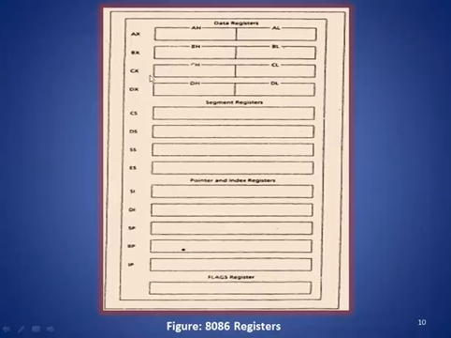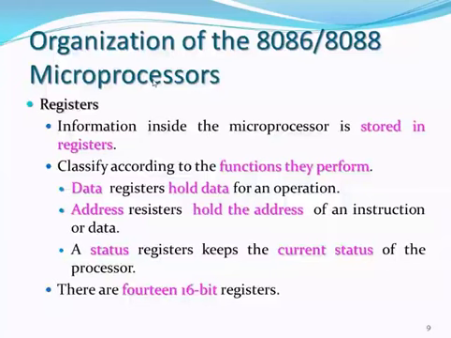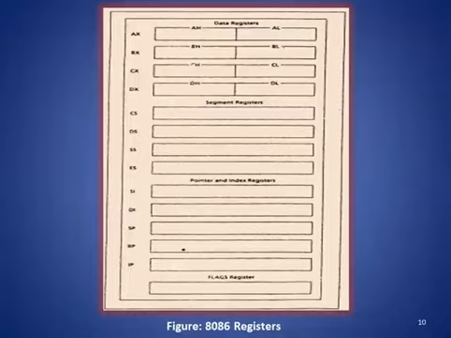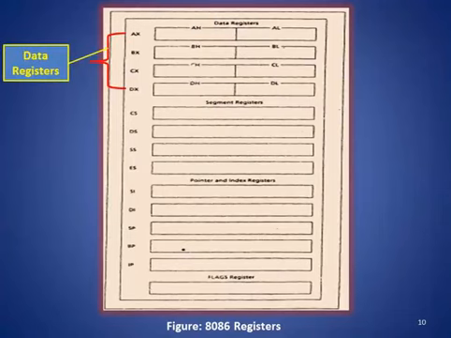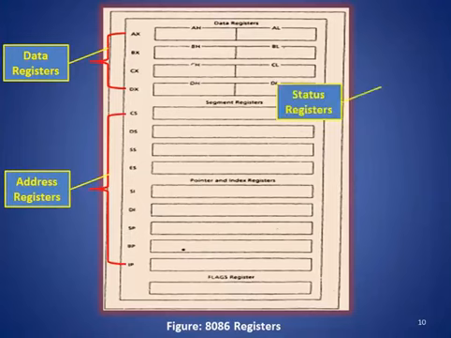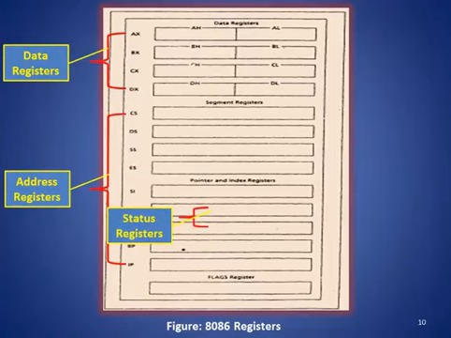The first few registers are data registers, address registers, and status registers.